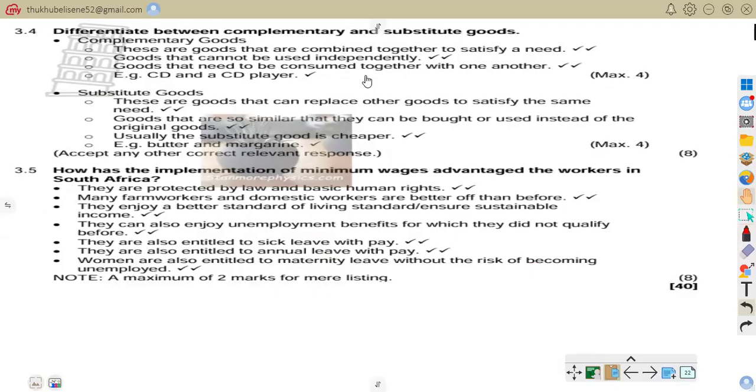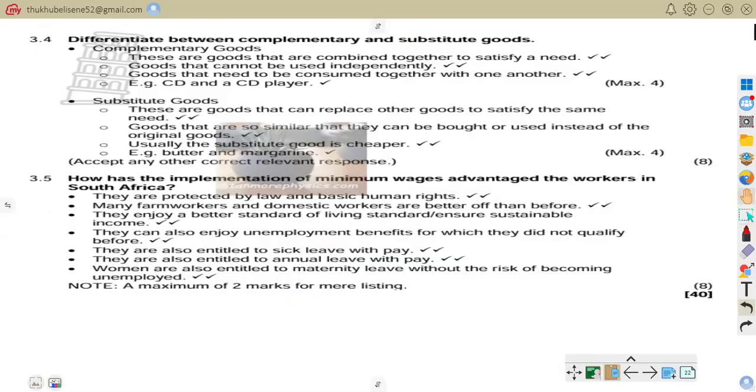So I want us to see the difference between complementary and substitute goods. Complementary goods are goods that are combined together to satisfy a need, like we've said, a car and petrol. They are used together.